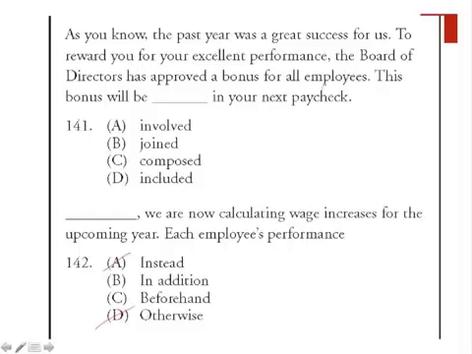Now, as I go back, I also notice that paycheck, my next paycheck, is this particular bonus going to be for all of next year? Well, let's go back to the idea of a bonus. A bonus is something extra that we receive, but generally a bonus is something we receive one time. Here, we are talking about actually increasing our wages for the whole upcoming year.